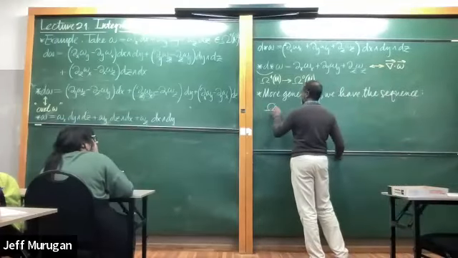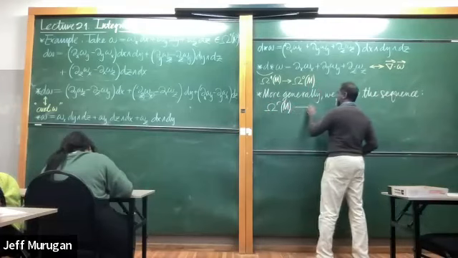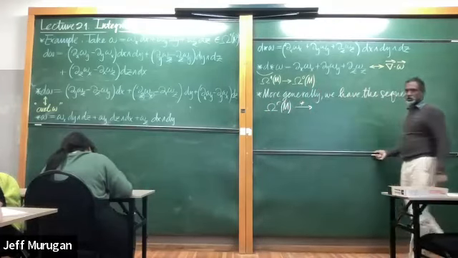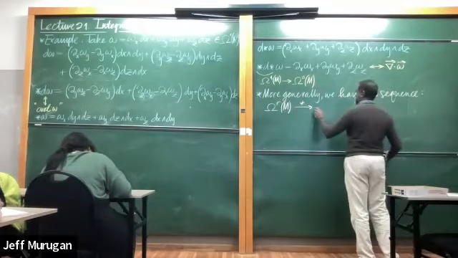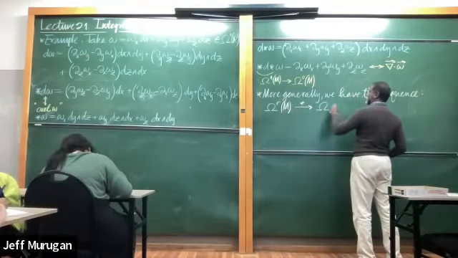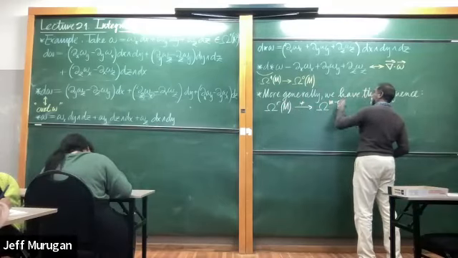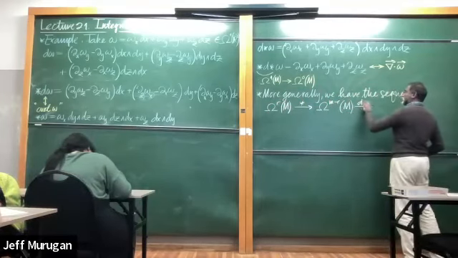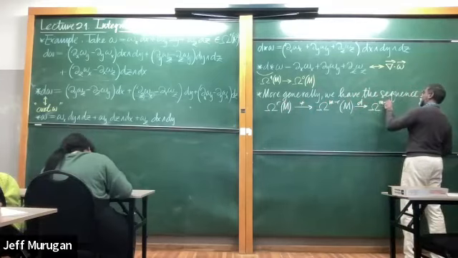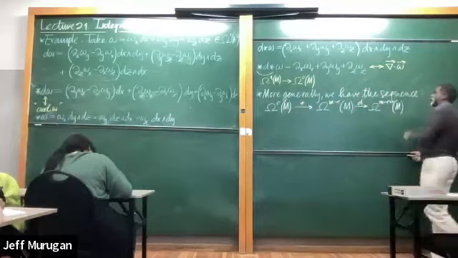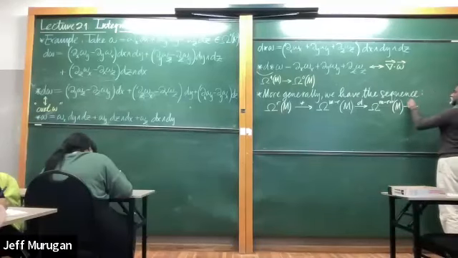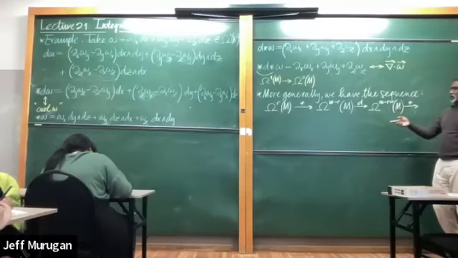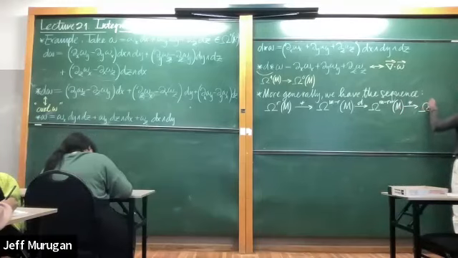If I start off with an r form on M, and I act with the star operator, if the dimension of M is little m, then this takes me to an m minus r form on M. Then if I act with the exterior derivative, this takes me to an m minus r plus 1 form on M. And then if I act with star again, this takes me to an r minus 1 form.